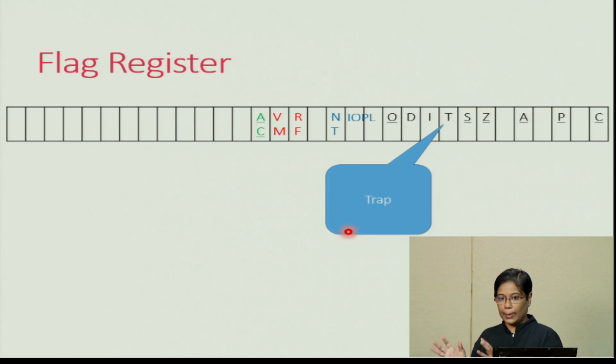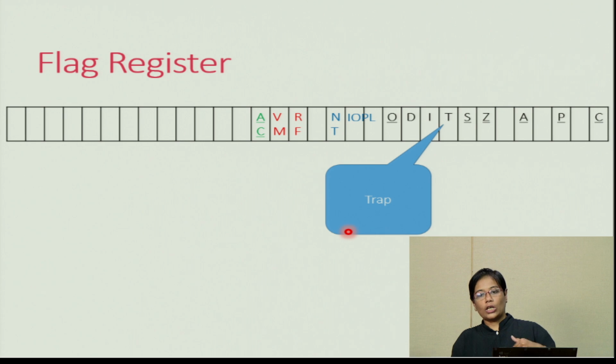But there is nothing actually associated with the trap flag which says that the registers would be examined or the memory would be examined. As far as the processor is concerned, if the trap flag is set, it causes the processor to stop execution after every instruction. What the programmer does once the execution has stopped is left to the programmer.